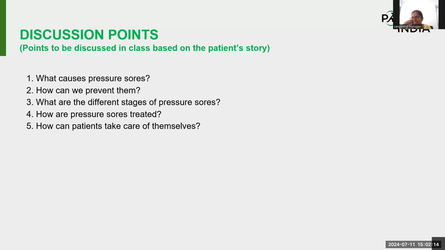Yes, mattress, every 2 hours, exactly, when the patient is in a bedbound or bedridden state. Which mattress? Air mattress, water mattress. If the patient can afford it, you can even opt for a water bed.